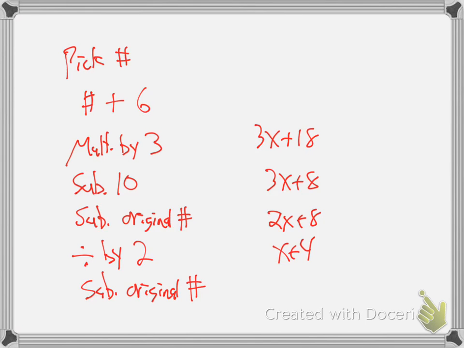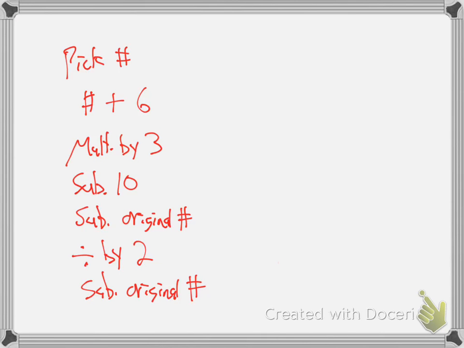Subtract your original number. Everybody there? You've got 4. That's so wild. Right? Unless you messed up in your calculation, you have 4. Every one of you. So what's my original number? I have no idea.